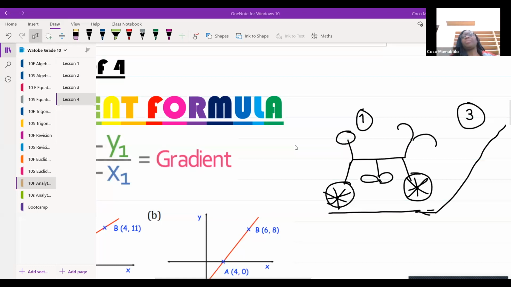Okay. All right, so we know, guys, that if I'm traveling up like this, I'm going to be using more energy. So my gradient going up the hill will be positive, and it will be greater because my hill is steeper. Now, imagine if I was coming from this side and going down in this direction. Will I be using more or less energy?